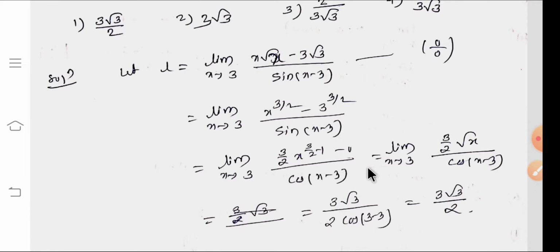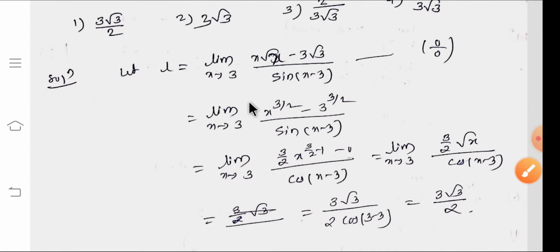So that is equal to limit of x tends to 3, 3 by 2 root x upon cos of (x minus 3). Now put x equal to 3 here, that is 3 root 3, 2 in the denominator, 2 into bracket cos of 3 minus 3, cos 0 is 1. So the option is 3 root 3 by 2. Hence the first answer is the right answer.